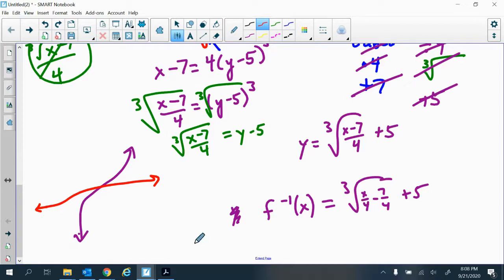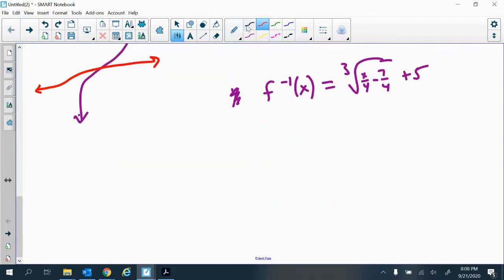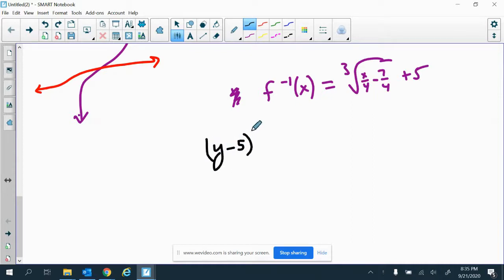What was happening a lot, and I just want to touch on this really briefly, was that some people were doing things like y minus 5 cubed and thinking that you can distribute the exponent. There is no such thing as the distributive property of exponents over multiplication.